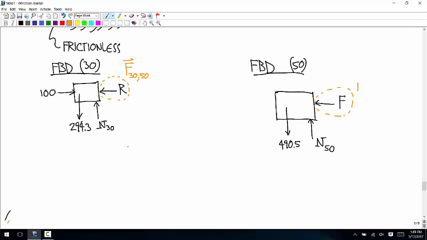You can think of this as the force vector on the 50 by the wall. And then the Newton's third law part says that we're dealing with a contact force between the 30 and the 50. If the force on the 30 is R pointing to the left, then the force on the 50 has to be R pointing to the right. So I'll draw it like this.